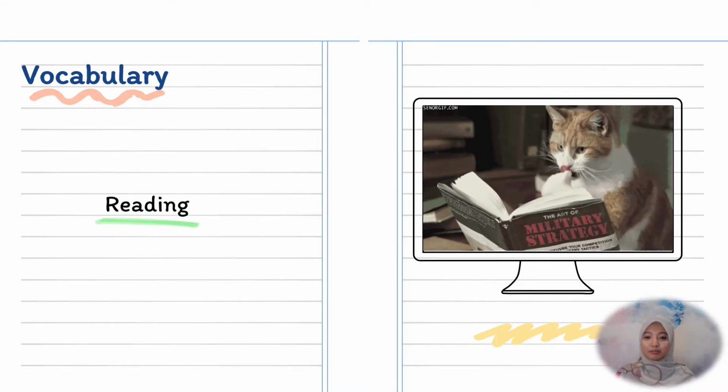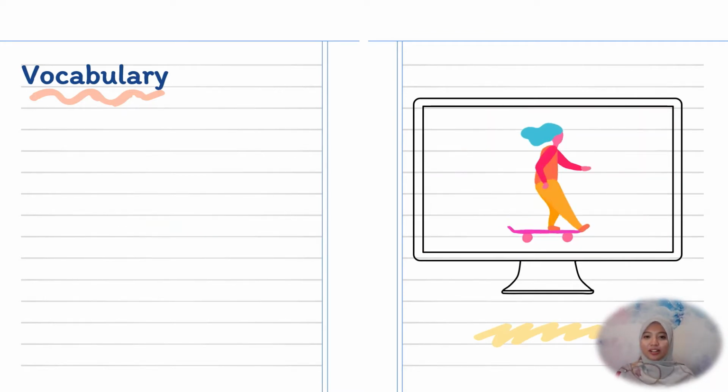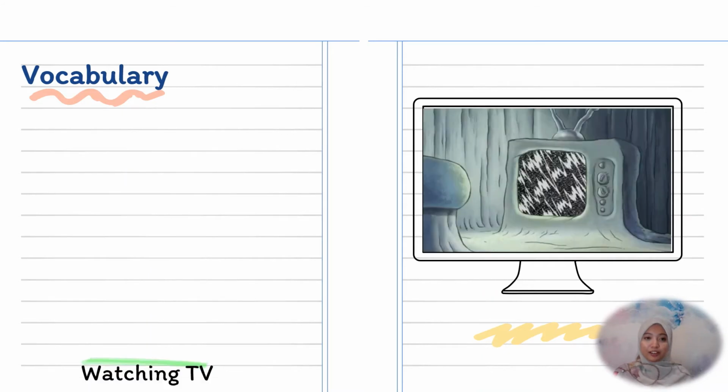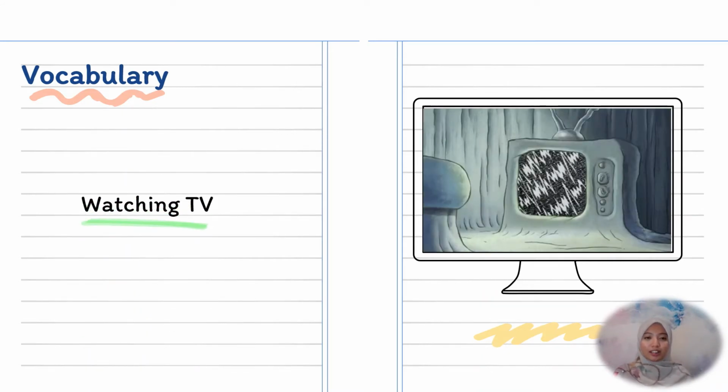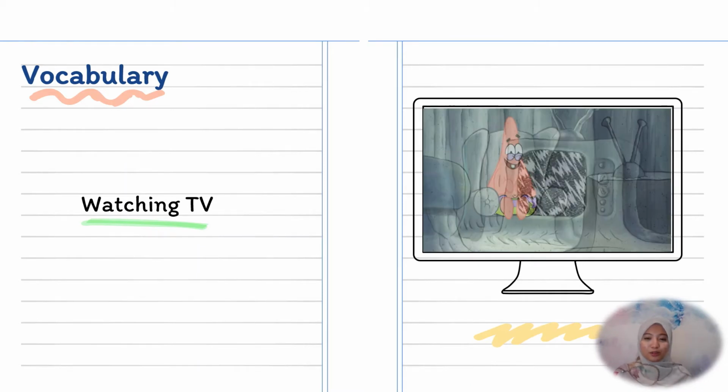Reading maksudnya membaca. Next one is skateboarding. Skateboarding maksudnya papan luncur. Number 5, watching TV. Watching TV maksudnya menonton televisyen.